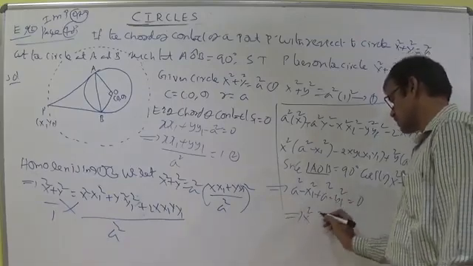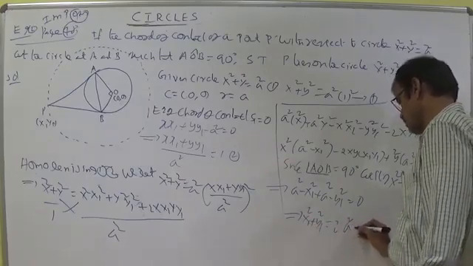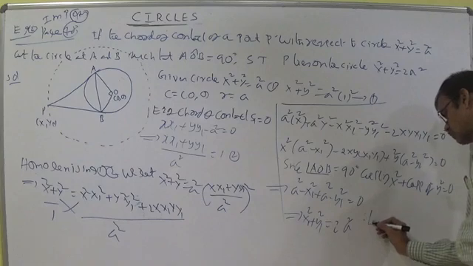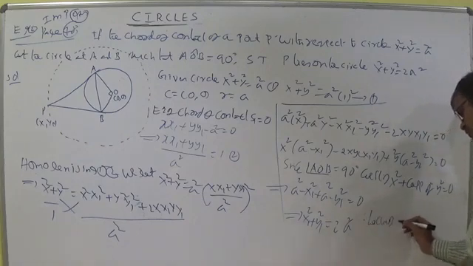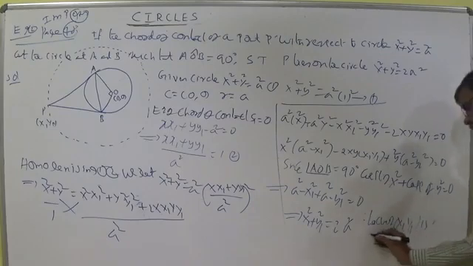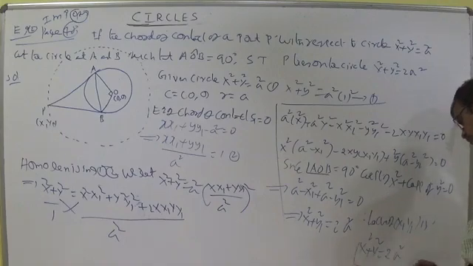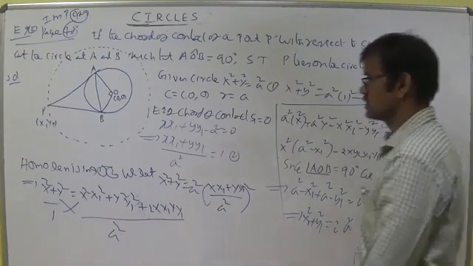That implies x1 square plus y1 square is equal to 2a square. Therefore, the locus of x1 comma y1, or P(x1, y1), lies on the circle; simply the locus is x square plus y square is equal to 2a square. This is also a director circle.